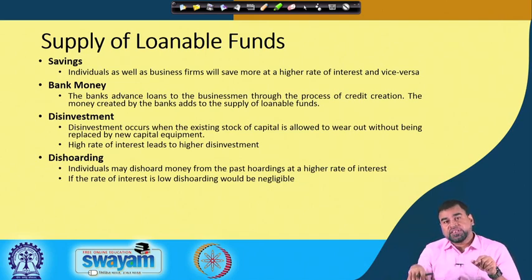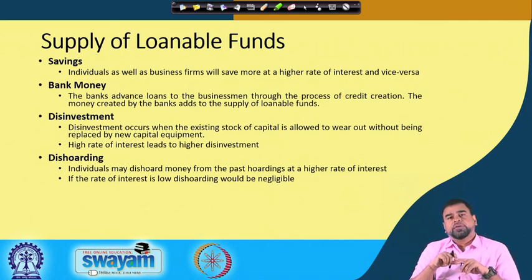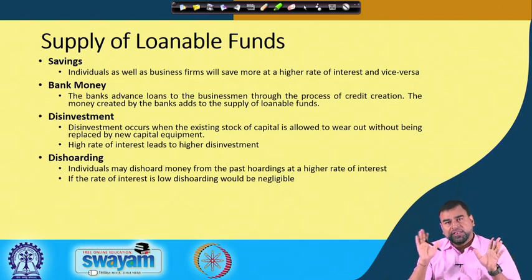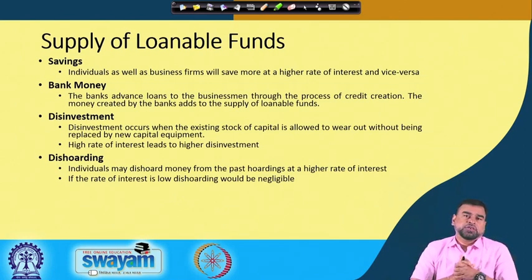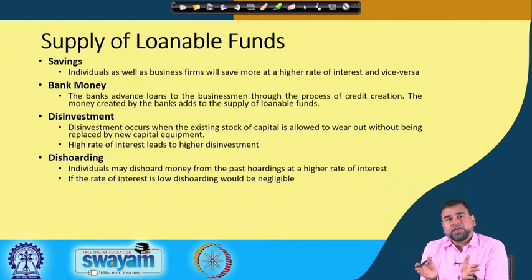So, obviously, if you generate extra output, then it will be more profitable. Or, for example, for some reason I do not want to replace my existing capital, whether it is a machine, a building or anything which is fixed capital. If the fixed capital is not replaced, then only the existing capital is utilized.